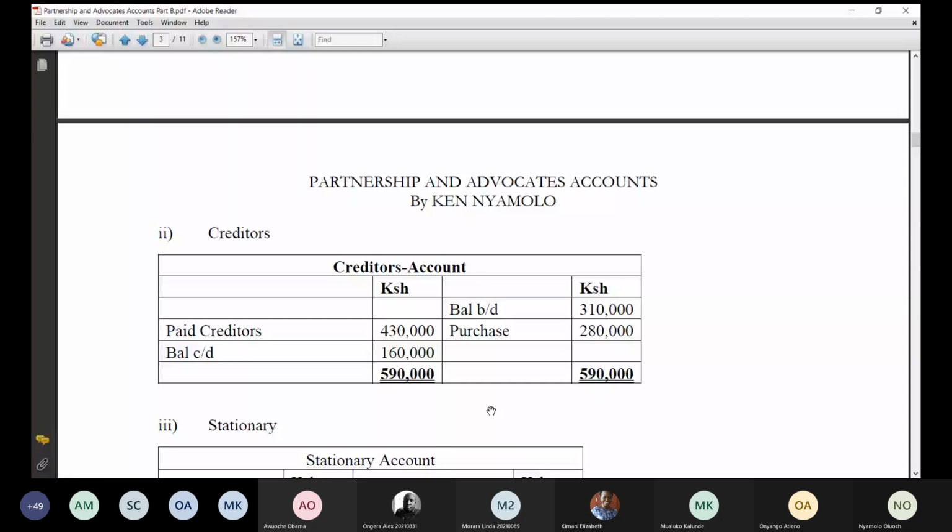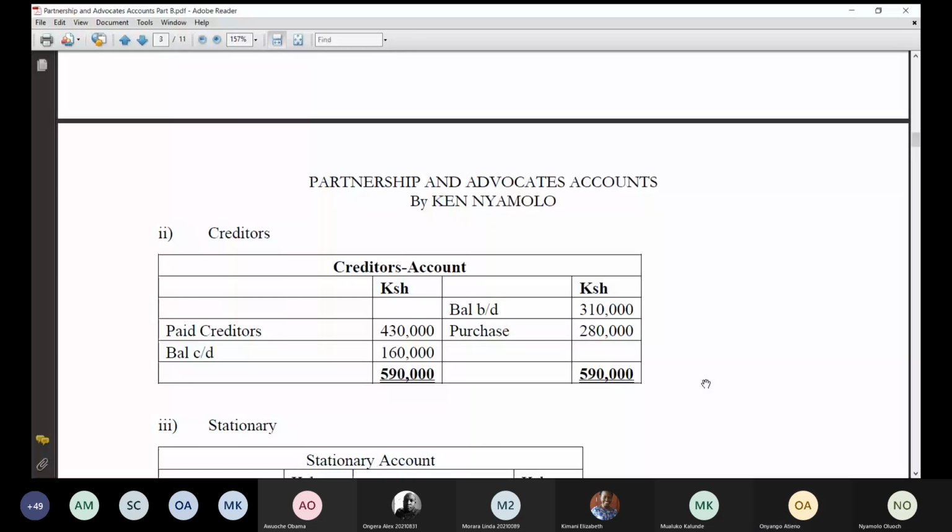So ordinarily, the balancing figure would be our new balance for creditors that we are going to take to the balance sheet. So the 160 would be our new figure for creditors for purposes of taking to the balance sheet.